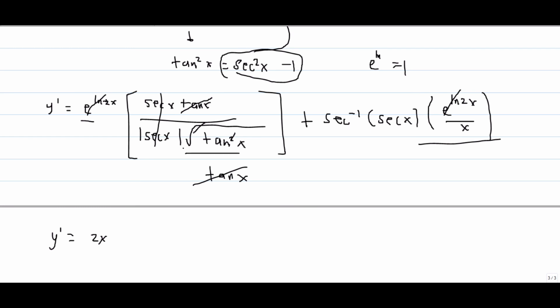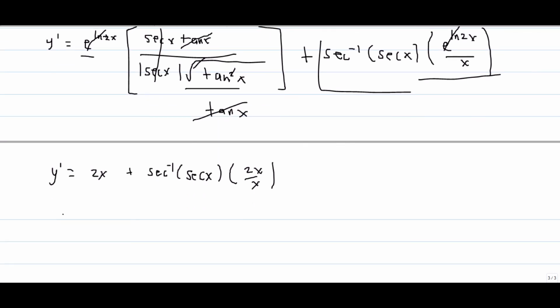Okay, so plus, we focus on this: we have the secant inverse of the quantity secant x, times 2x over x.